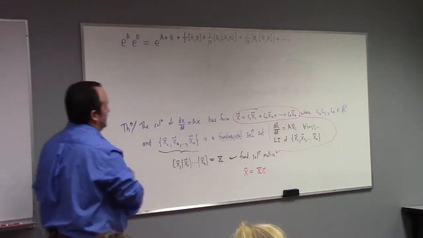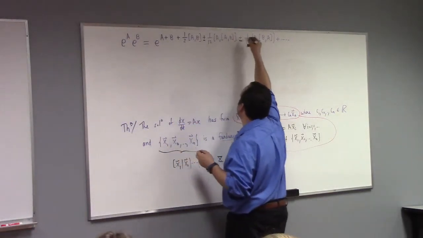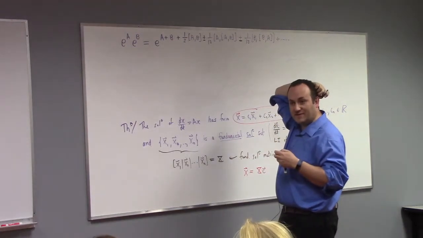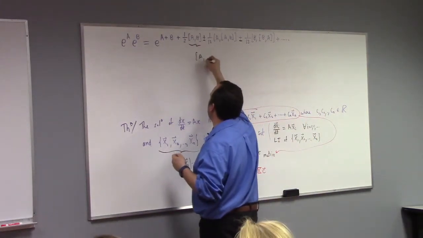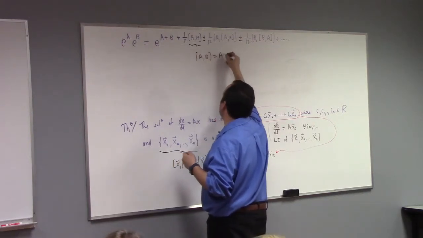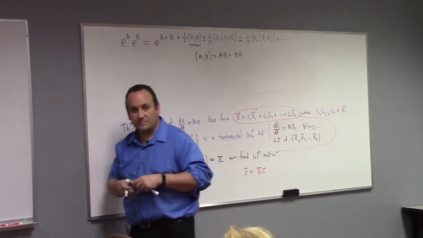Now, I'm jesting. I don't really remember off the top of my head whether this is plus or minus there. I'm not sure what the signs are of those terms. But this is AB minus BA. That's the commutator of A and B.